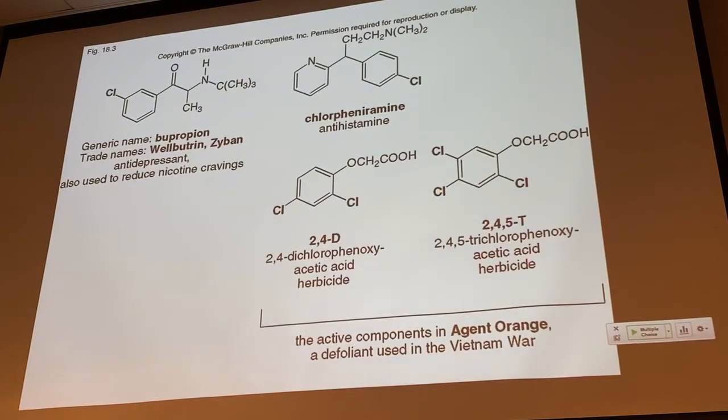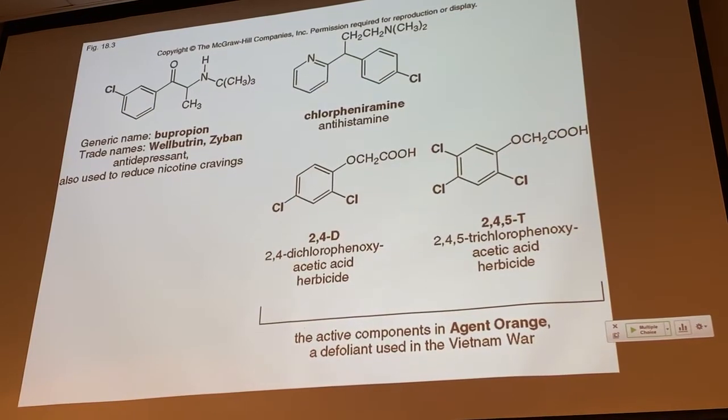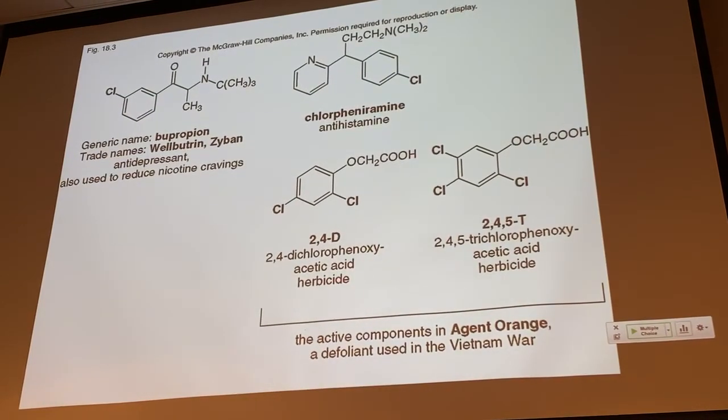And then Agent Orange, you guys are too young to know much about the Vietnam War probably, but the Vietnamese soldiers were hiding in the jungles of Vietnam. And so the US military dropped Agent Orange on the jungle because this is an herbicide. It kills plants. So when they dropped it on the jungle, it killed the plants in the jungle. So there were less places for the opposing soldiers to hide.